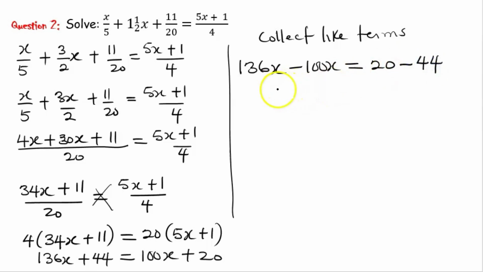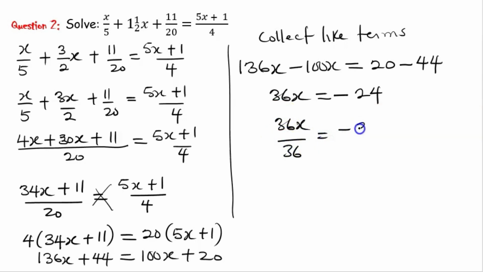All right, when you do this, you are going to have 36x is equal to negative 24. Okay, so what do we do? We divide both sides by the coefficient of x. So we have 36x divided by 36 is equal to negative 24 divided by 36.